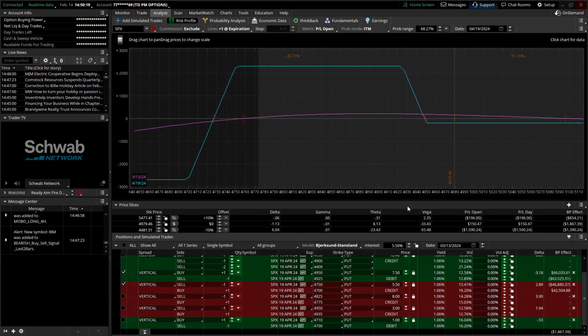So you want to use these tools that are available to you and find the combination that works for you. For me, I think very simple: 25 wide debit spread, 50 wide credit spread for maybe a small debit to start, and then from there we go.